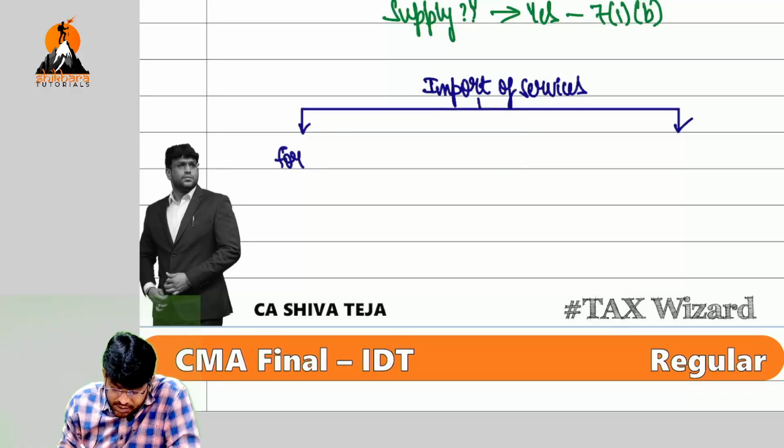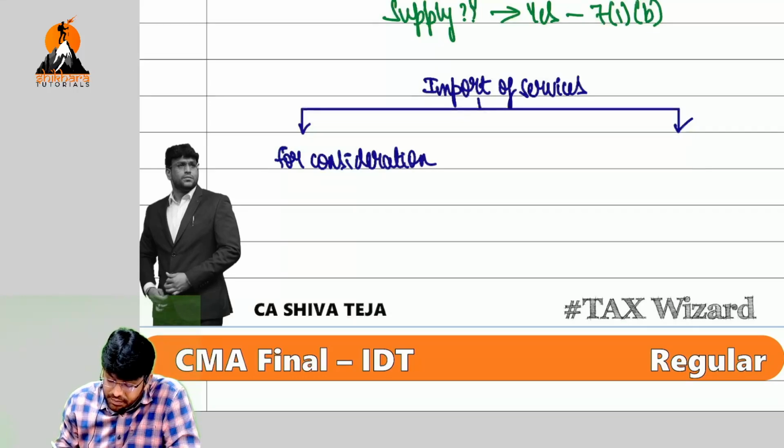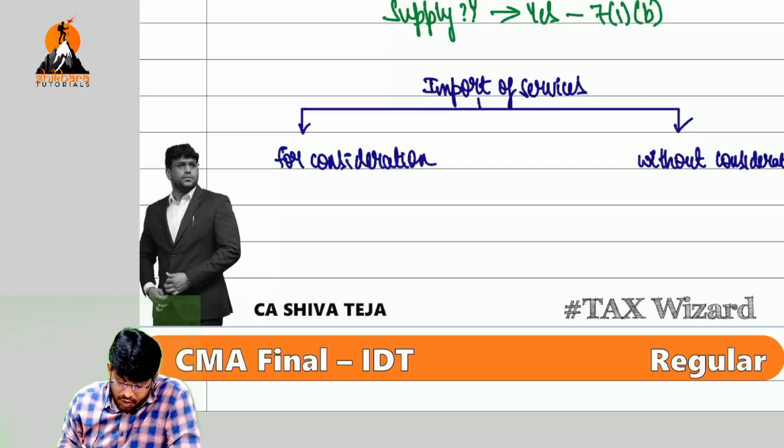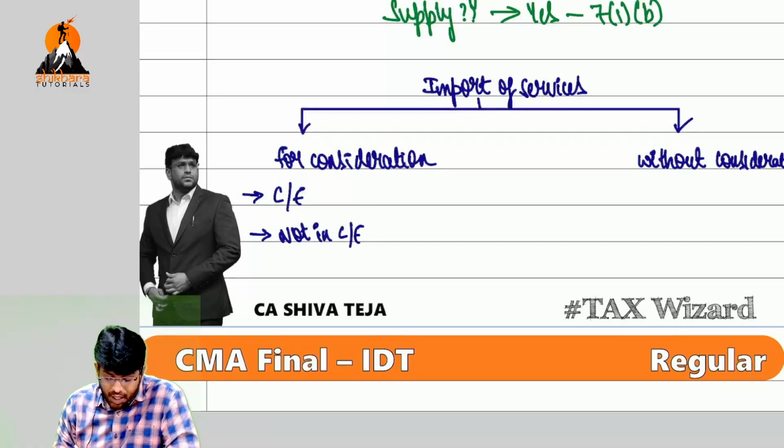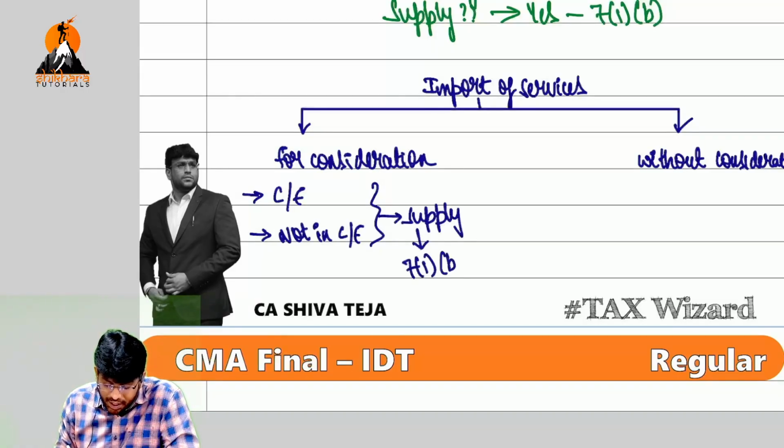Import of services: for consideration, without consideration. For consideration, again two categories: in the course or furtherance of business, not in the course or furtherance of business. In both the cases it is supply because of 7(1)(b).